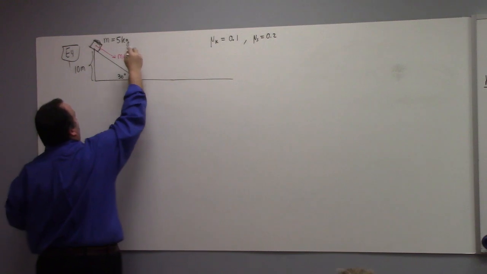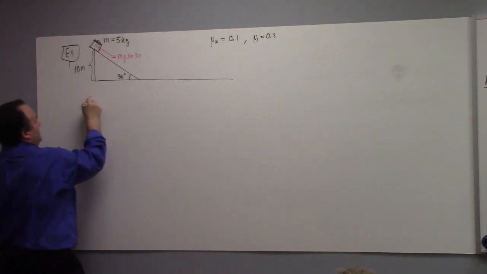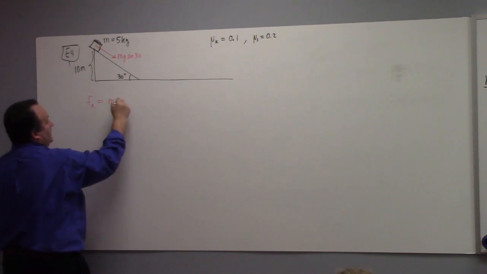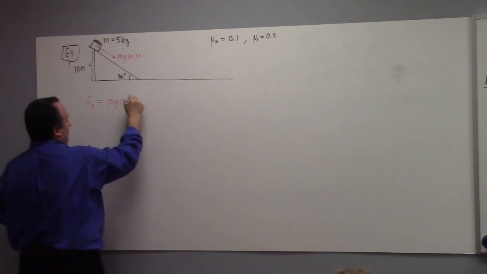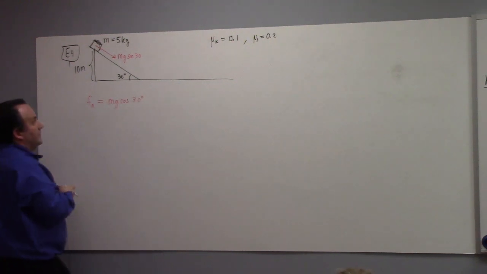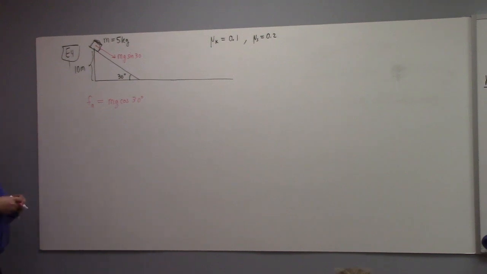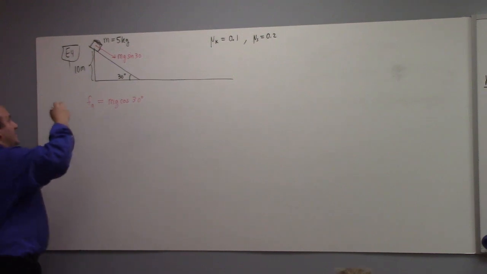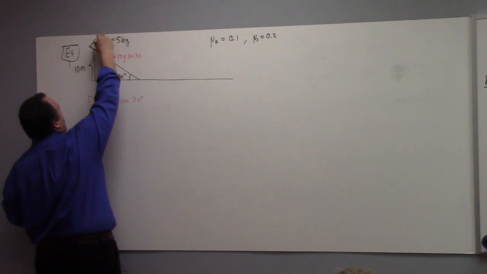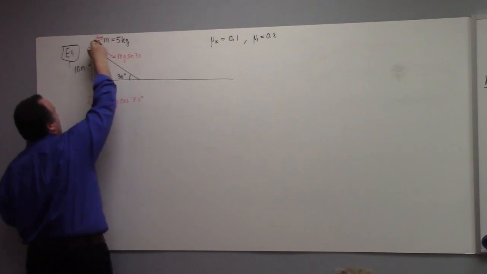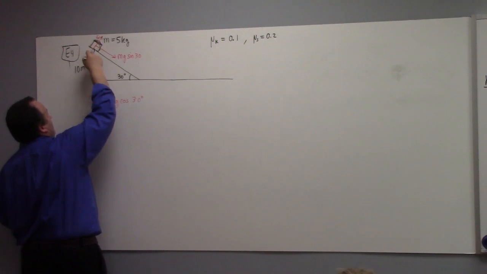And the normal force would be mg cosine 30. There's Fn, sorry, it's so tiny. But here's your mg cosine 30 down here. This is the same picture we drew many times.